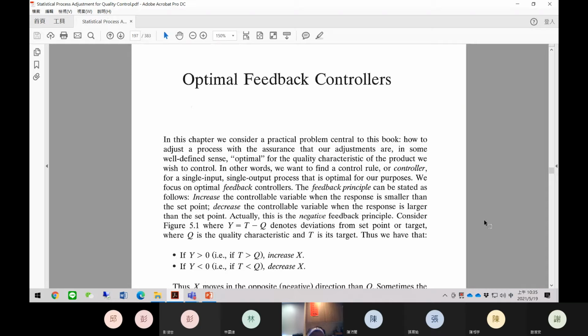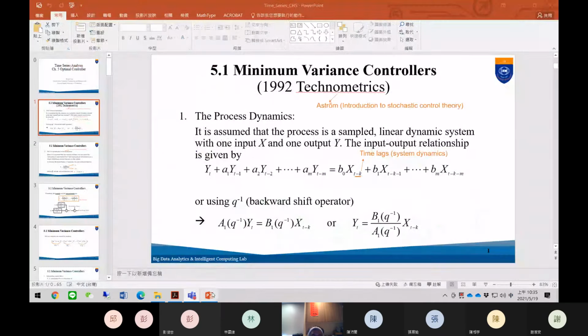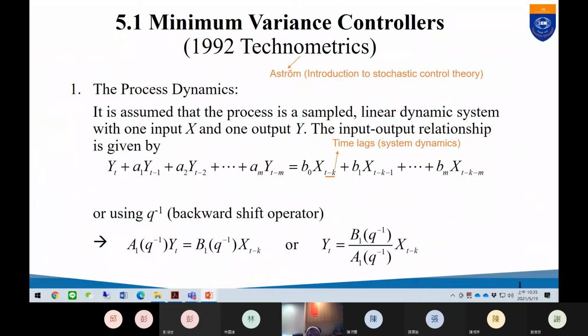They use it throughout the fab. So this is a very important class, a very important chapter. Let's get started.